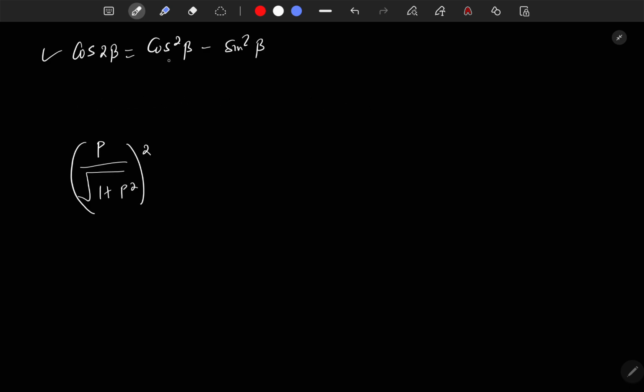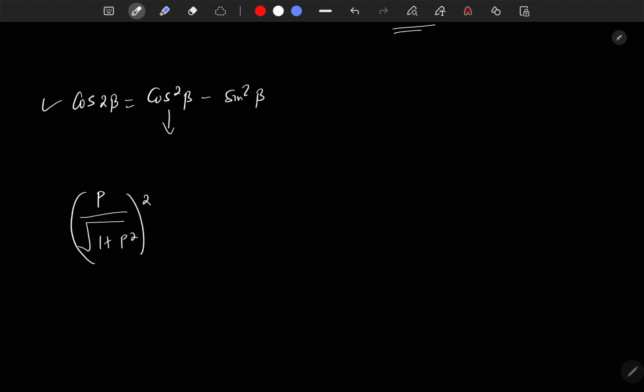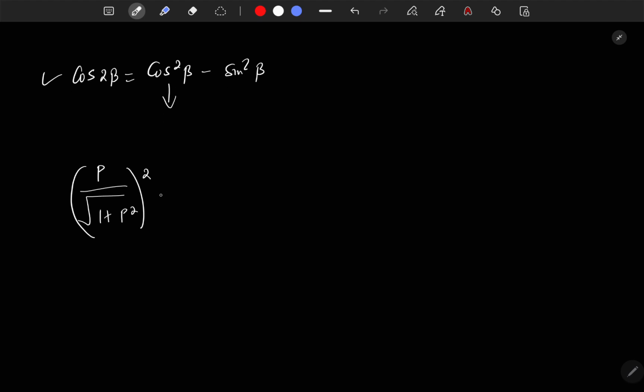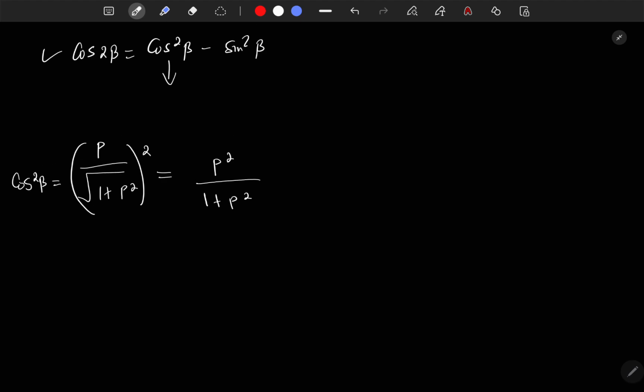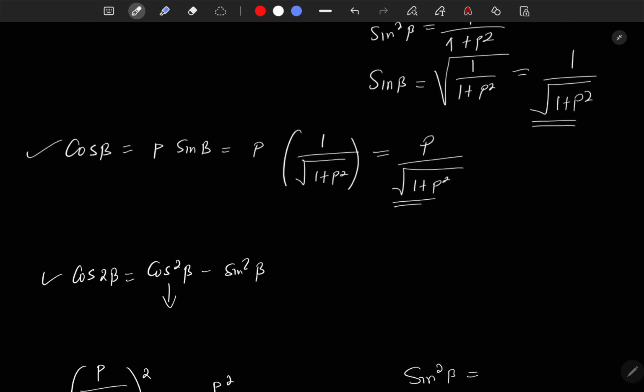So let me first evaluate this. I'm just trying to evaluate cos beta squared. If I evaluate this one, I'll be getting P squared over 1 plus P squared. And at the same time, we also know sine squared beta. What was our sine squared beta?